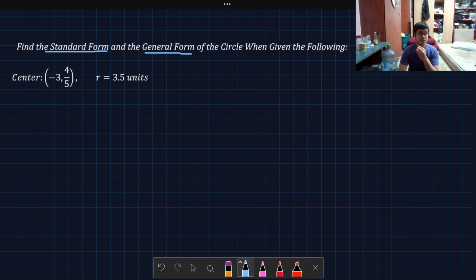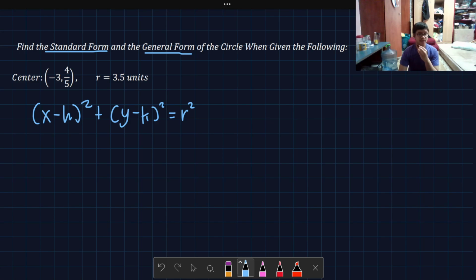The easy way is you will just substitute it in this formula. The square of x minus h plus the square of y minus k is equal to r squared. All right, let's just proceed. I'm gonna explain something later. Okay, so your h is negative 3 and your k is 4 all over 5.